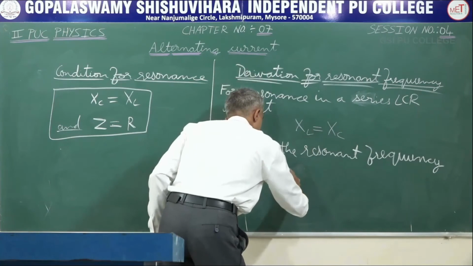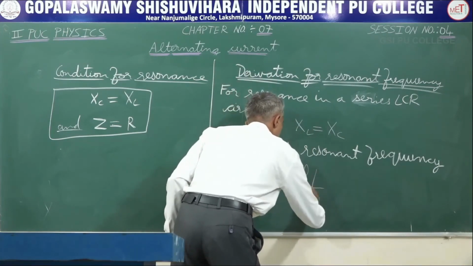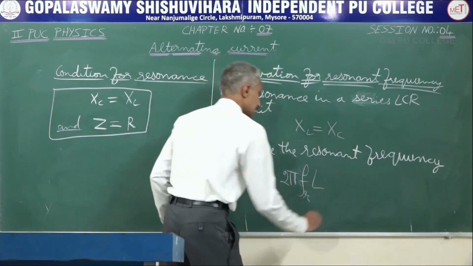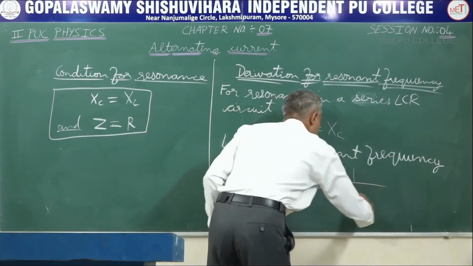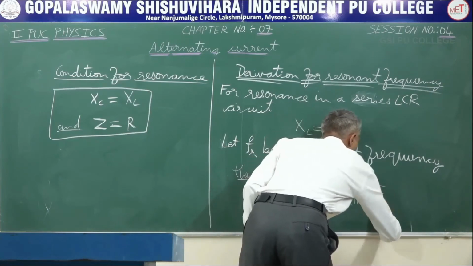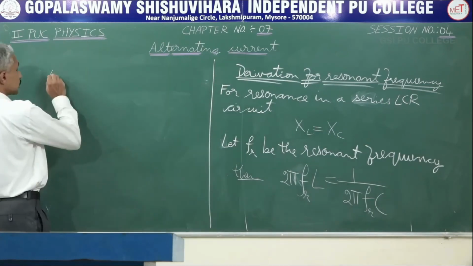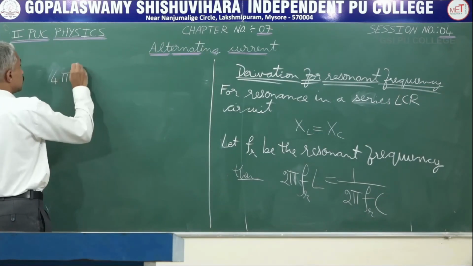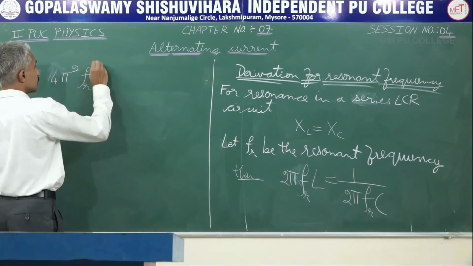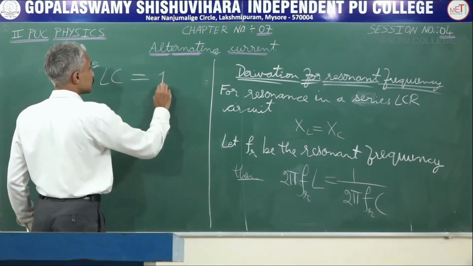So inductive reactance is given by 2 pi Fr L, and capacitive reactance is given by 1 by 2 pi Fr C. Let us simplify further. So that will give you 4 pi square Fr square L into C is equal to 1.